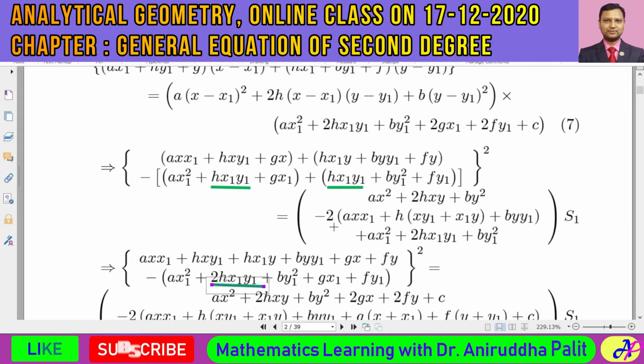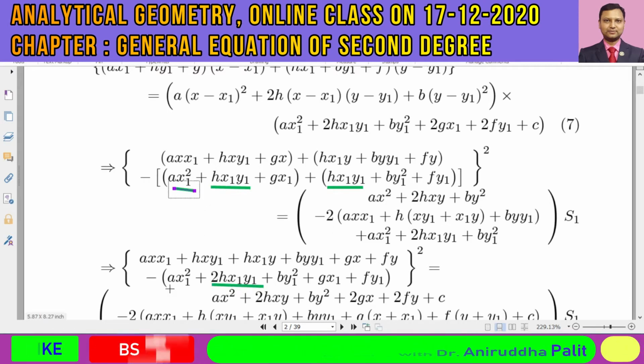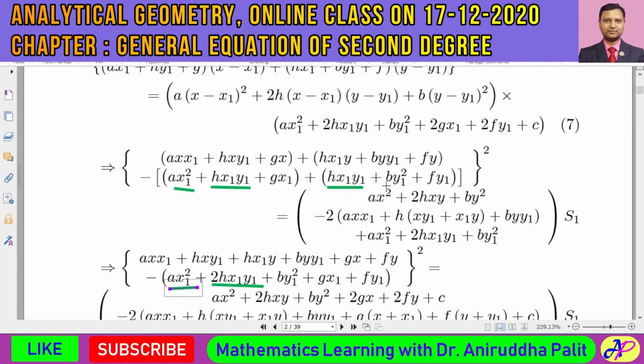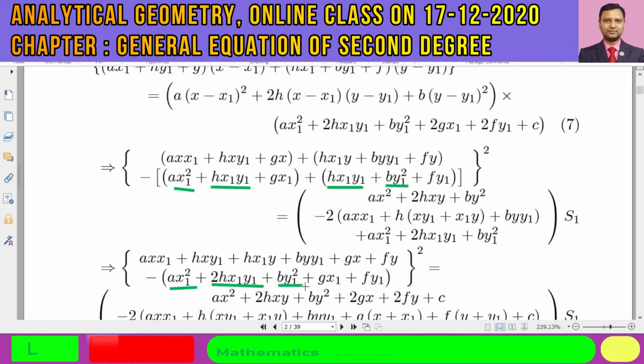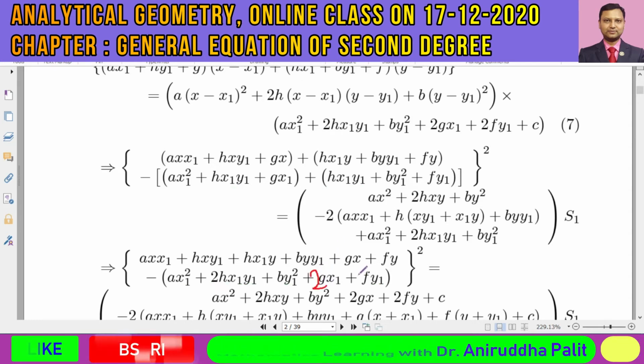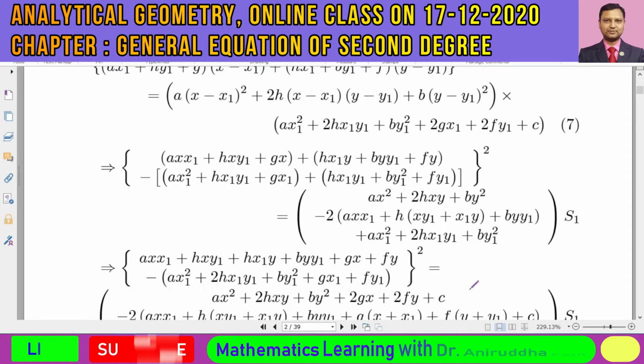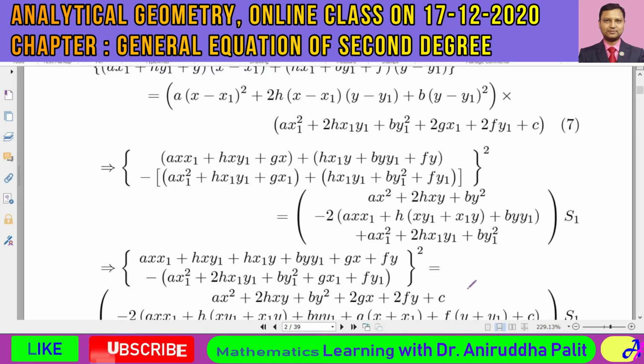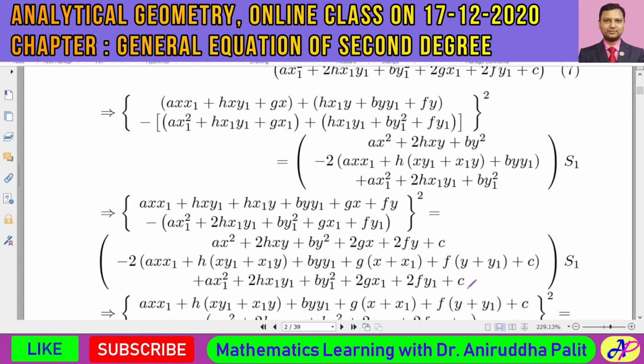And a x1 square is there, b y1 square is there, and the remaining terms g x1 and f y1. But we expect that certain quantities like twice g x1, twice f y1, and plus c should appear, so that we have the expression of S1. That should be adjusted accordingly in the next step.